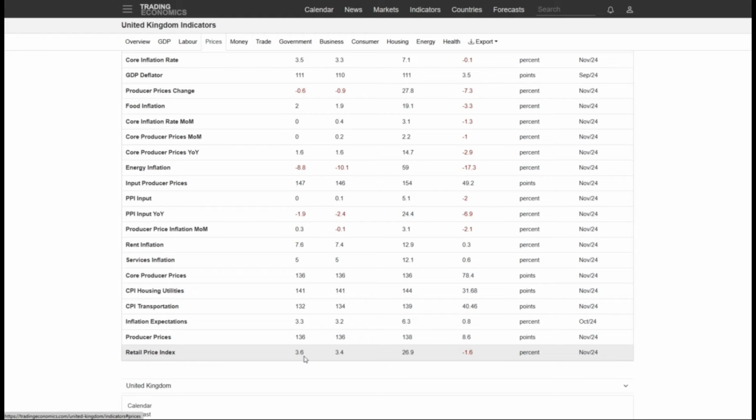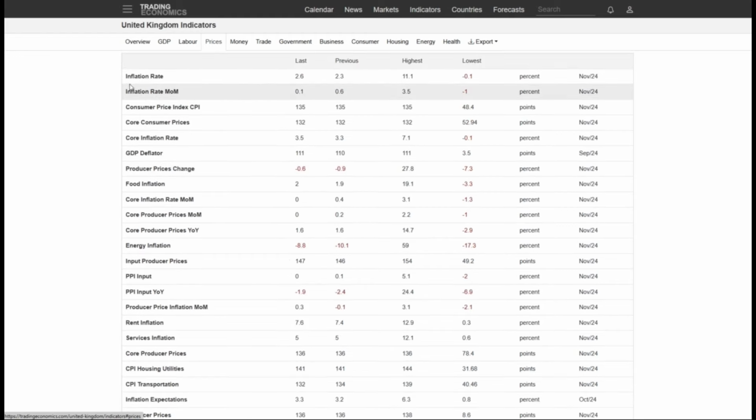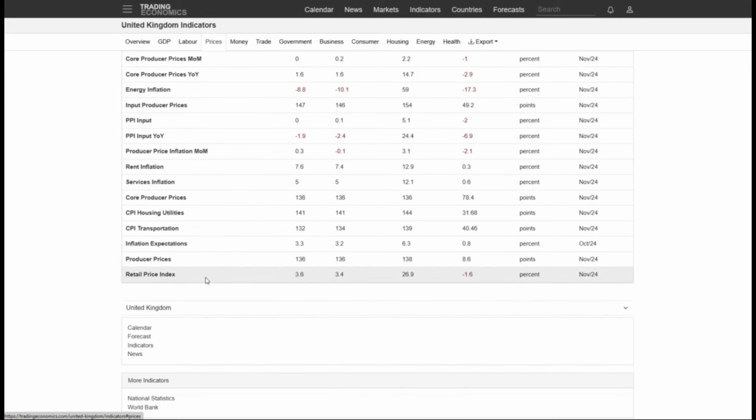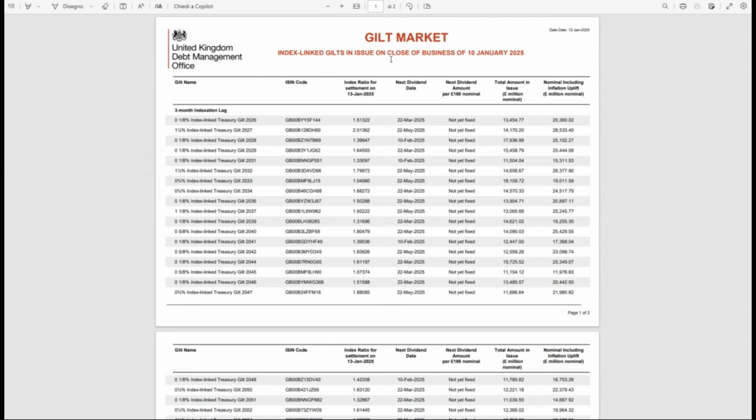RPI is 3.6%, inflation is 2.6%. You have 1% more on RPI. So it means that the cost, the uplift, I will show you now. Hold on, buckle up!